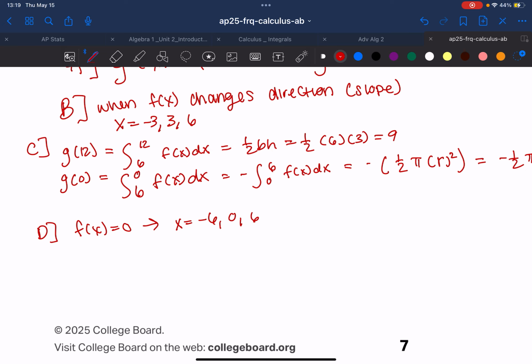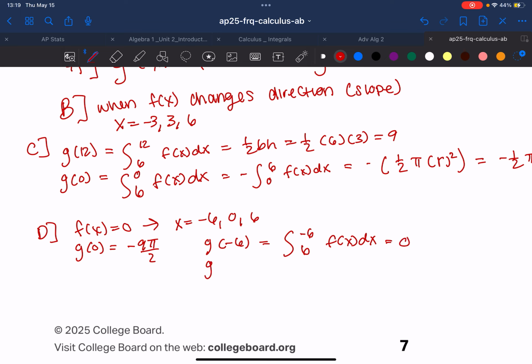And I'm going to find all of those values for g. So g of 0, we already found in the previous problem, is equal to negative 9 pi halves. And then g of negative 6 is equal to the integral from 6 to negative 6 of f of x dx, which we know is just going to be 0.